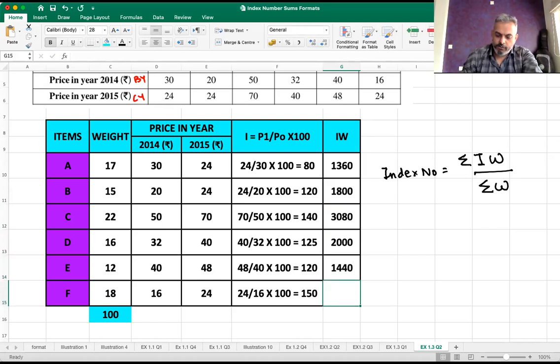And 18 into 150, 2700. The total of this is 12380.